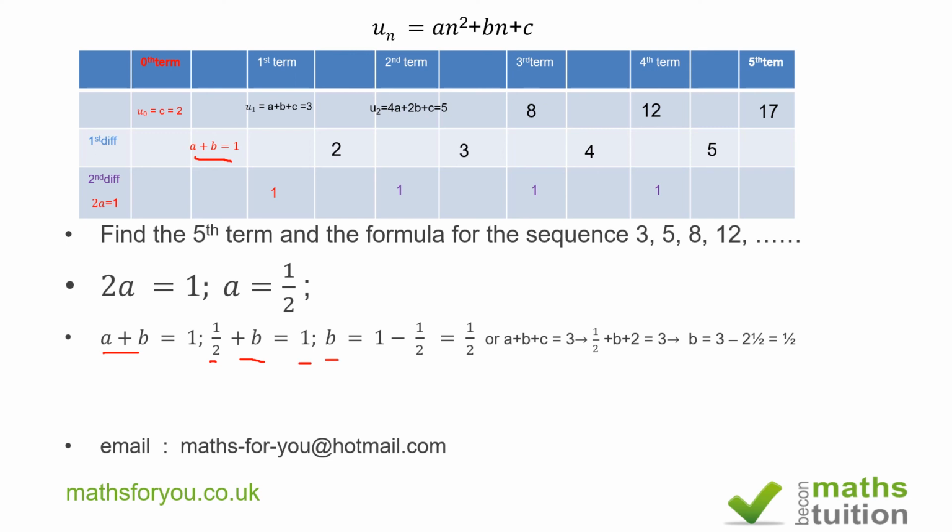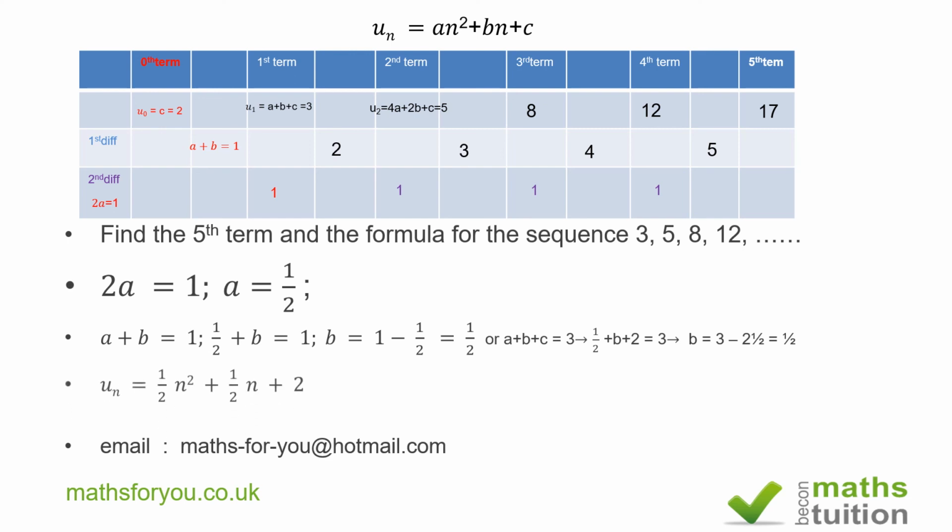So b is 1 minus a half, and we've got a half there. Or we can say that a plus b plus c is 3, because 3 is the first term. So a half plus b plus 2 is equal to 3. So b will be 3 minus 2.5. So b has got the value of a half, which coincides with what you got there. Okay?